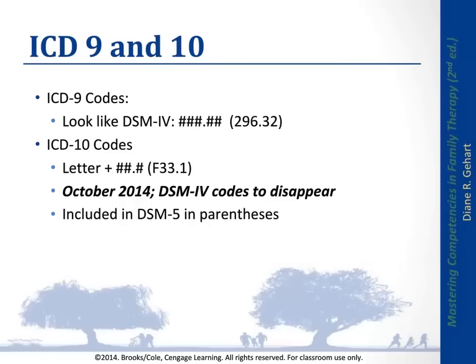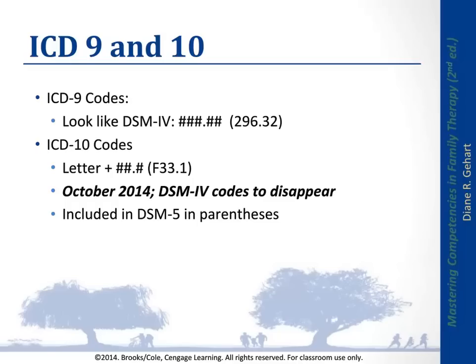So another really important thing to note in the DSM-5, in terms of how to write up a diagnosis, is understanding the ICD-9 and ICD-10 codes. The DSM-4 has diagnostic codes in it that correlate to the ICD-9.